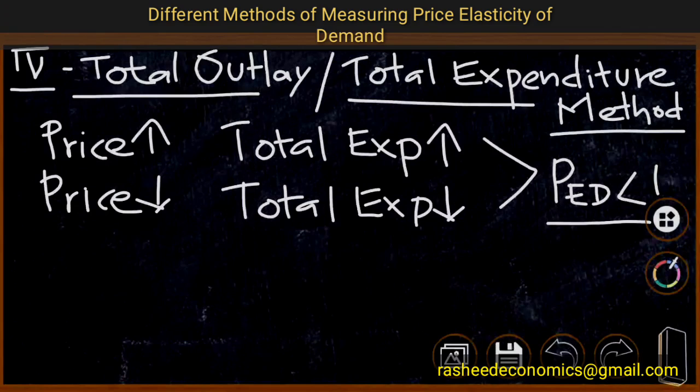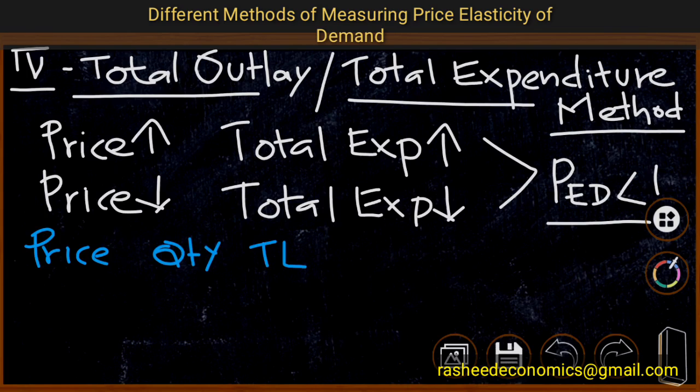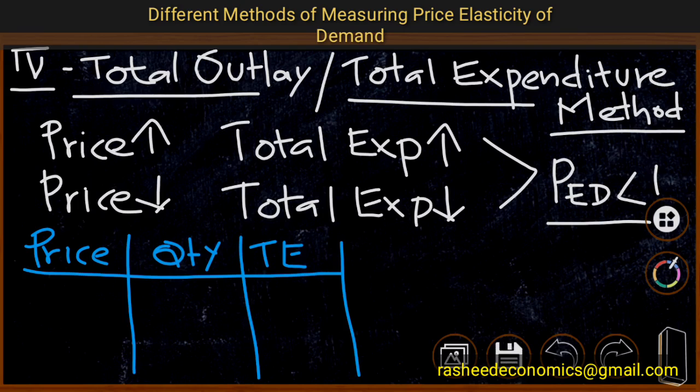Now let us analyze the condition of less elastic demand with a numerical example. We have price, quantity demanded of the commodity, and total expenditure of the commodity. We have 3 columns. Initially the price of the commodity is 5 and quantity demanded is 10, and automatically total expenditure will be 50 rupees.